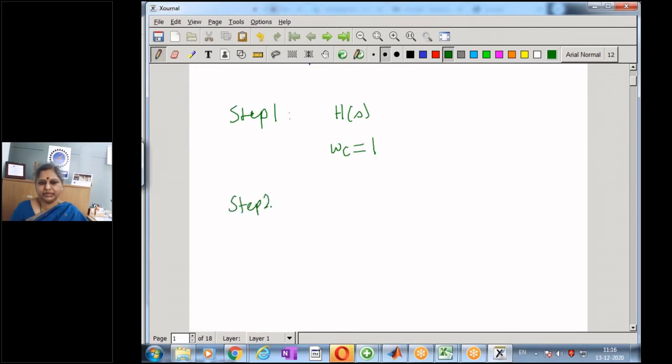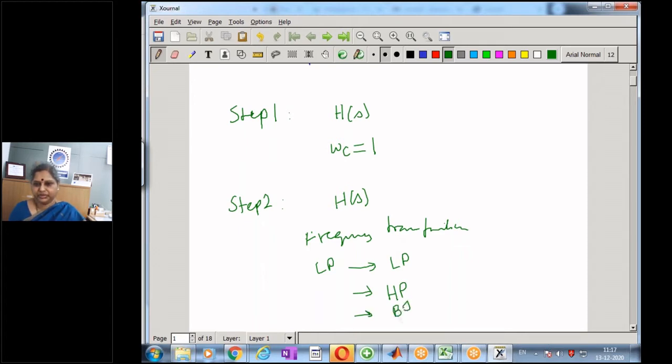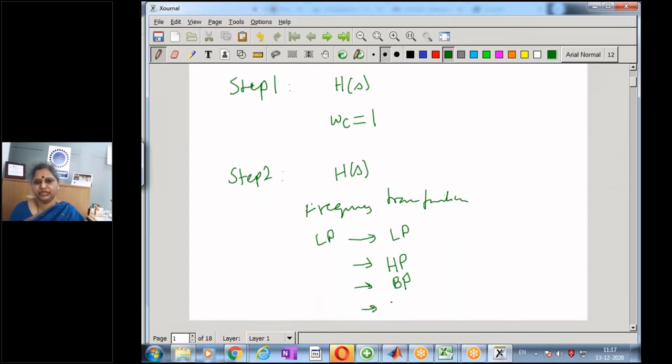In the second step, we convert the given H of S into another H of S that we want by applying frequency transformation. Using frequency transformation, I can convert a low pass filter into a low pass filter with any other desired cutoff, or convert it to a high pass filter, or a band pass filter, or a band elimination filter. All this is possible by frequency transformation.